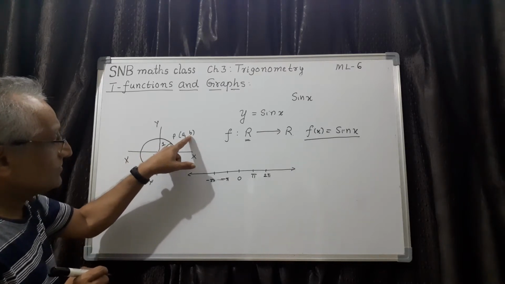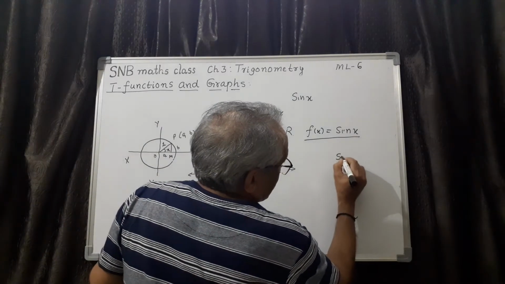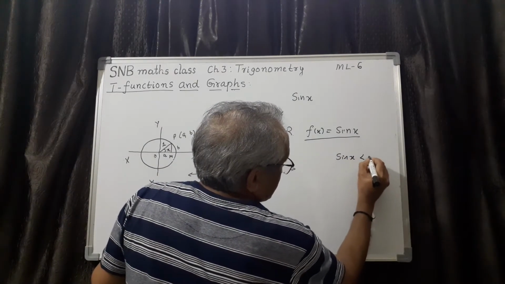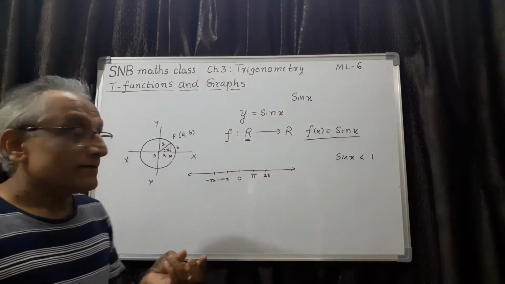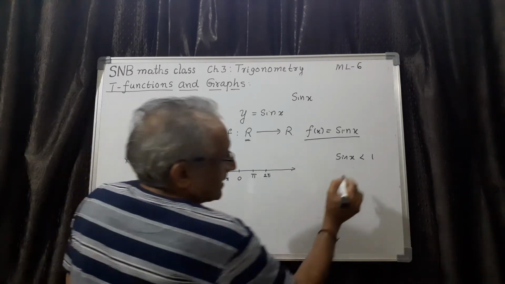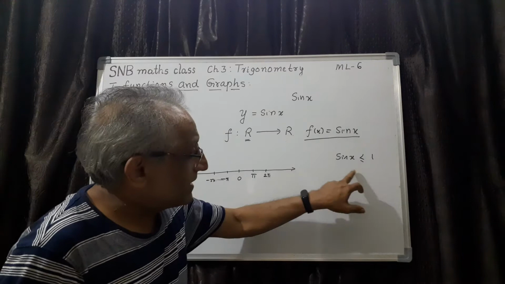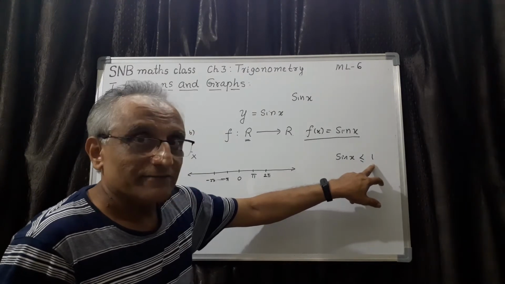So this value is definitely less than 1. So one understanding is that sin x cannot go more than 1. But we have already seen sin 90 is 1. Therefore I can also include 1. That means the maximum value of sin x is 1 only.